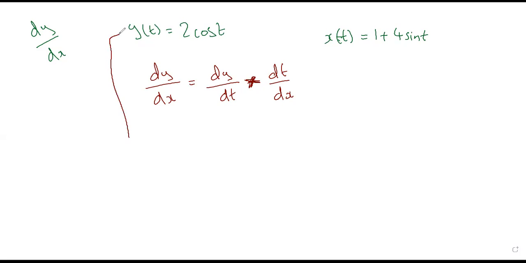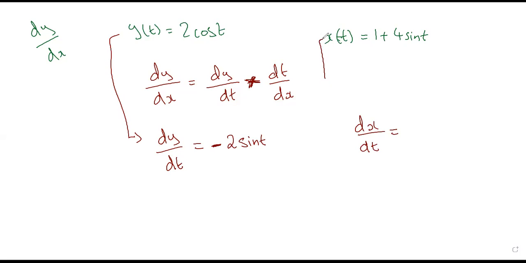So what would be dy by dt? dy by dt will be minus 2 sine t. Very good.